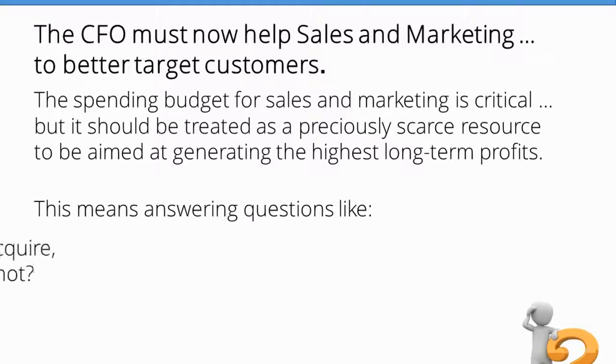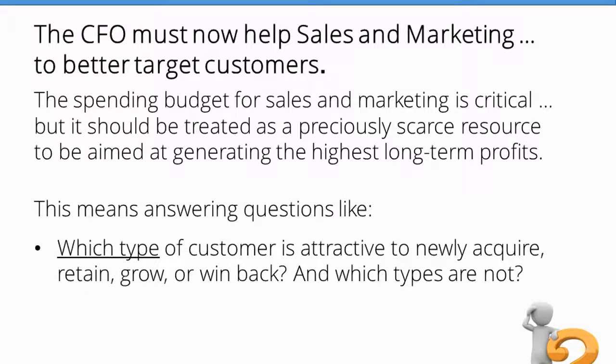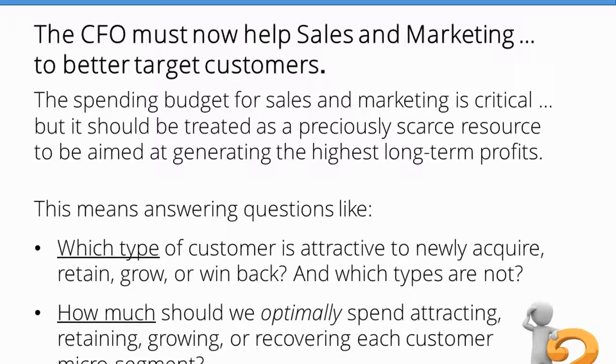So this means answering questions like, which type of customer is attractive to newly acquire, to retain, to grow, or to win back, and which types of customers are not attractive? And more important, how much should we optimally spend attracting, retaining, growing, or recovering each customer microsegment?